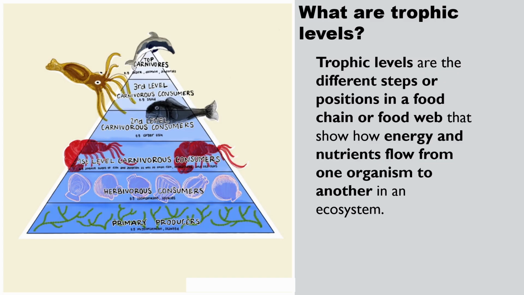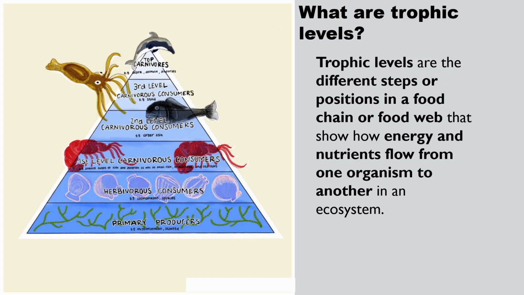Trophic levels are the different steps or positions in a food chain or food web that show how energy and nutrients flow from one organism to another in an ecosystem.